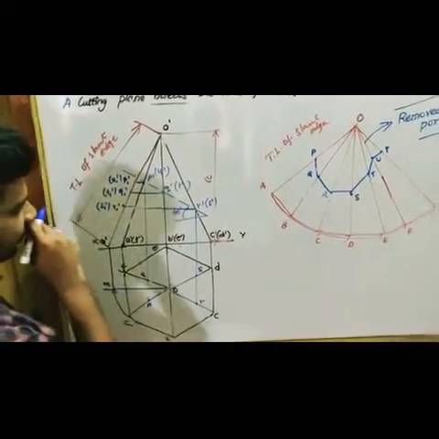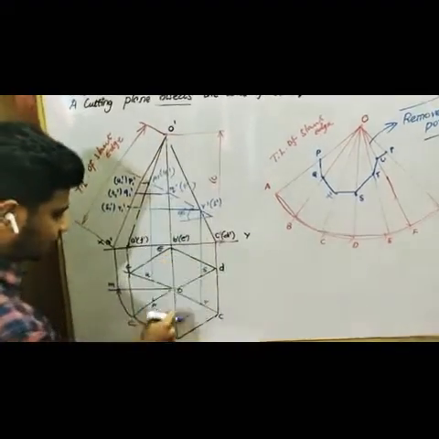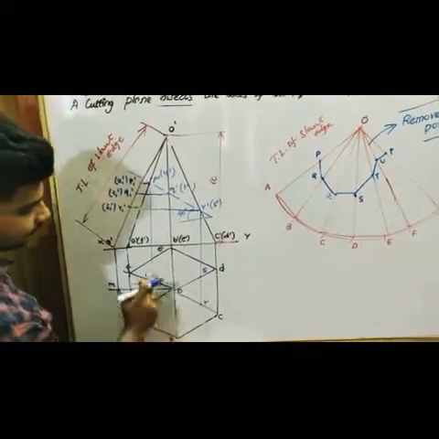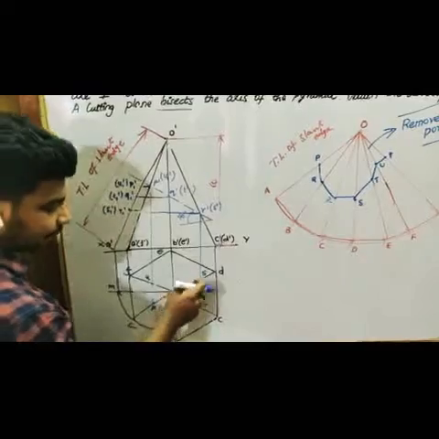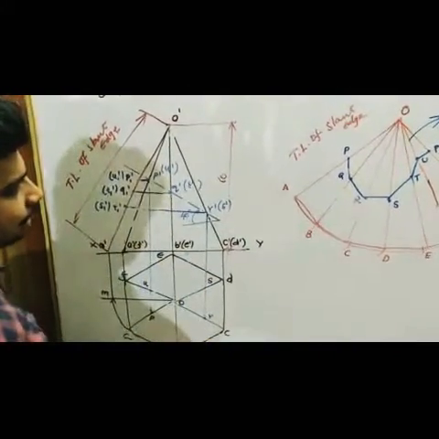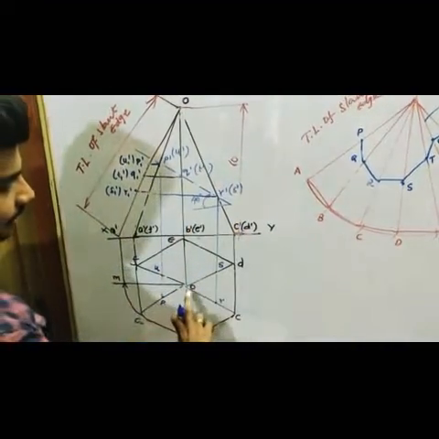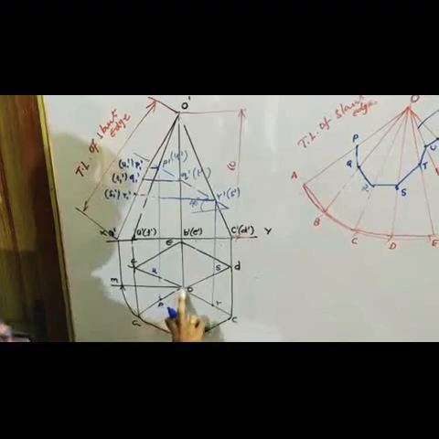Now here the problem you can see is that Q dash and T dash points are on the same line, so you can easily mark that point. How to mark it? For that you have to measure the true length, because this is the true length of the object, which is not slanting.